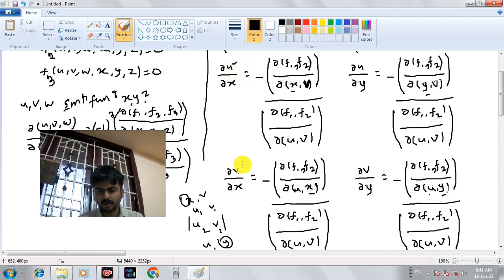While we are writing v with respect to x, u should come first. You have to understand the formula like this. That is why I am mentioning it very slowly and clearly, because the formula is very important. Without the formula it is very tough to solve any problem.